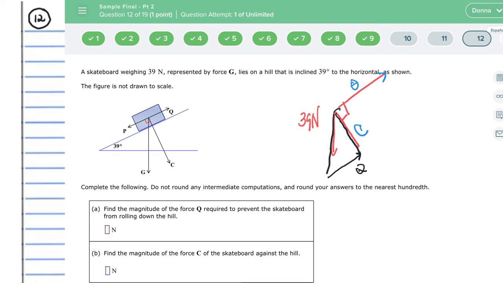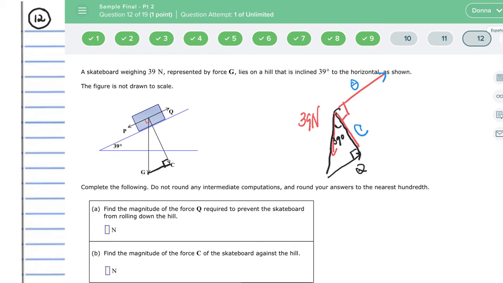And I know this angle here is 39 degrees. So now really all you have is a right triangle. And if you want to get a different visual, I've really just reproduced the triangle like so. So I drew a line parallel to Q between G and C. There we go, we got it.